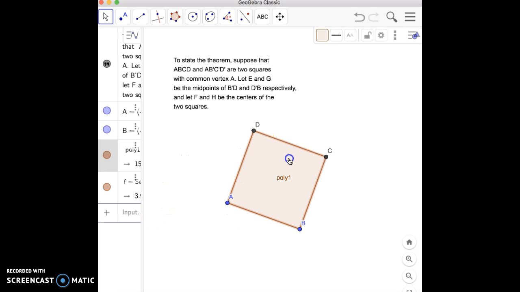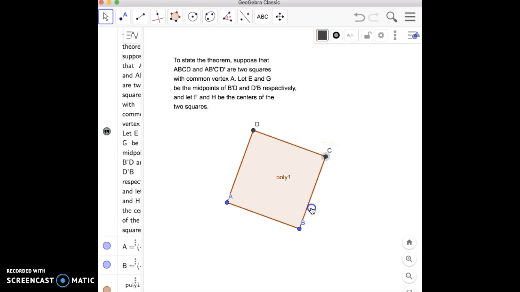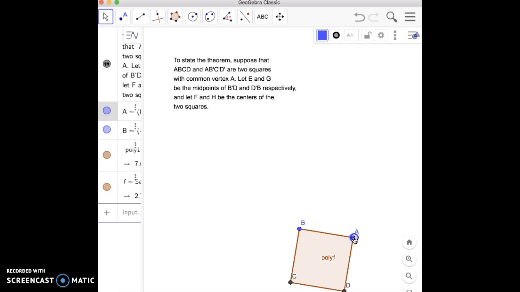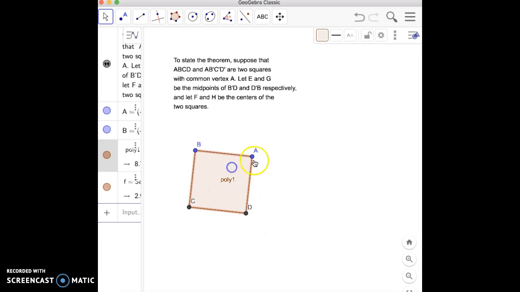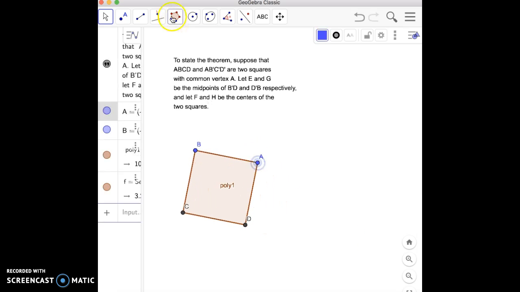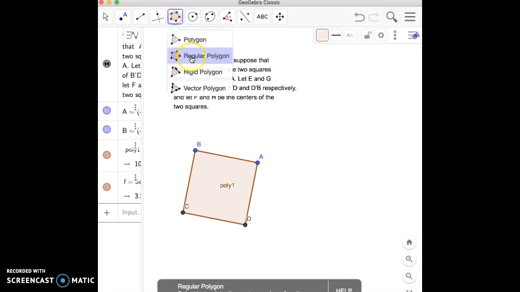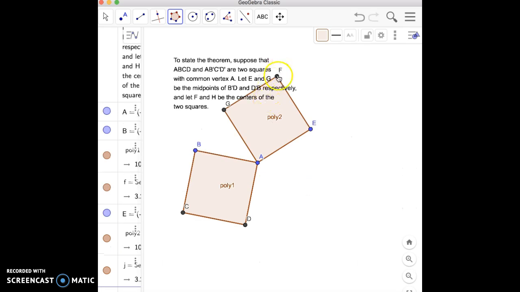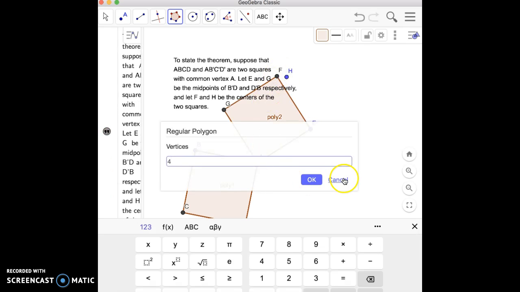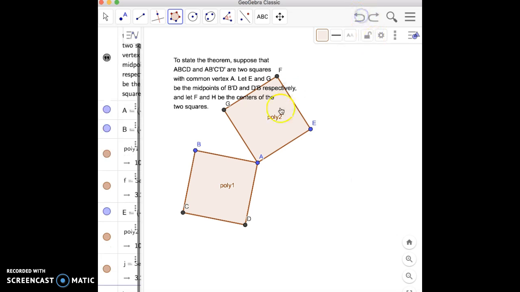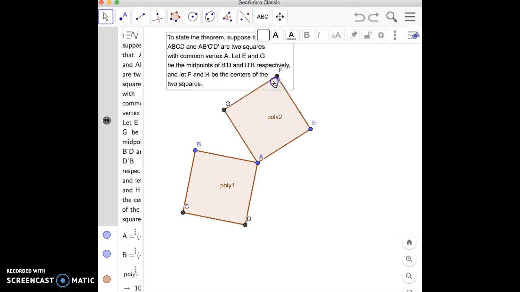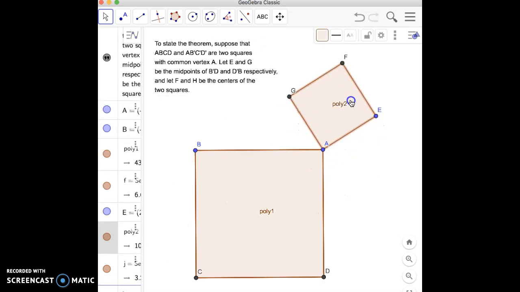So I know that they want to share A. So I'm going to turn this a little bit so that they can share A. And then I'm going to make my second regular polygon, but remember I'm using A again. So I want 4. And then I need to move this a little bit out of the way.